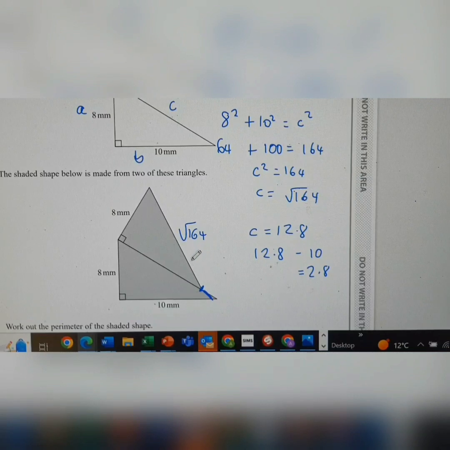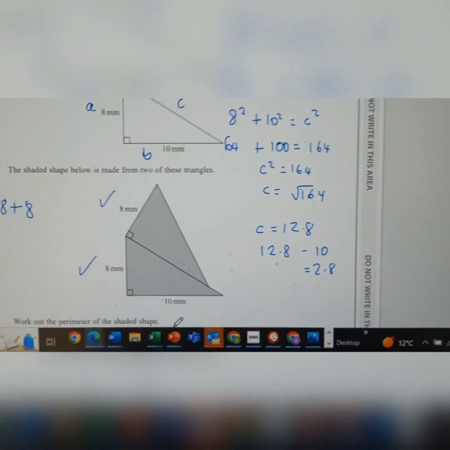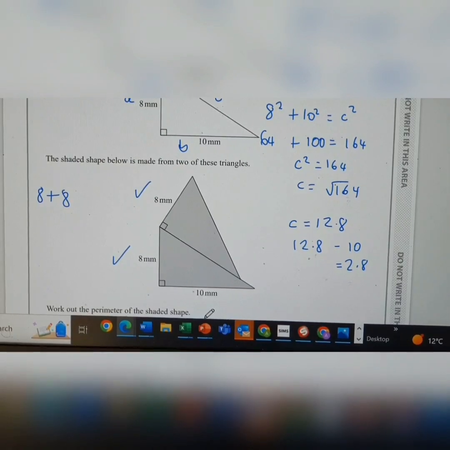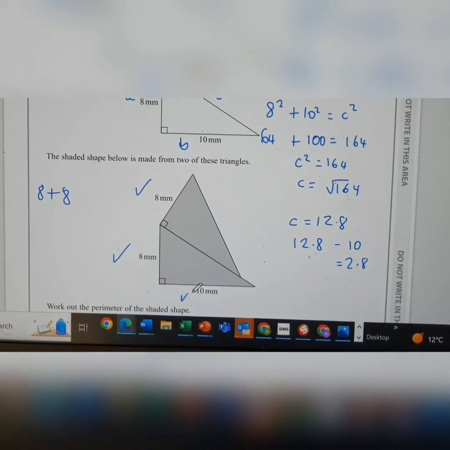So this bit here is 12.8. Let me just write down, if I rub off this bit so that I can mark off what I'm adding. So I'm going to add 8 and 8, write it down here because we want to work out the perimeter. I'm going to add 10.